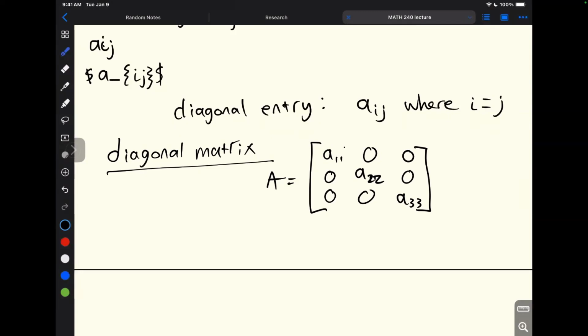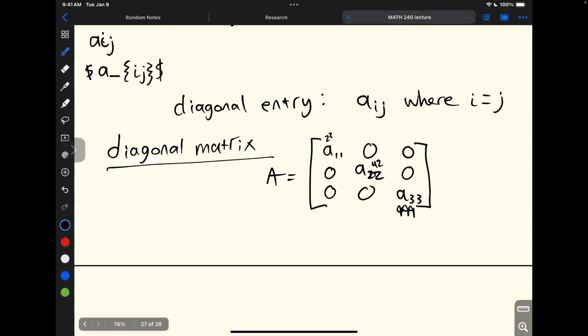There are no restrictions, so this could be 23, this could be 42, this could be 999. It doesn't matter what those numbers actually are, just that everything else is 0. All right, are we clear so far?